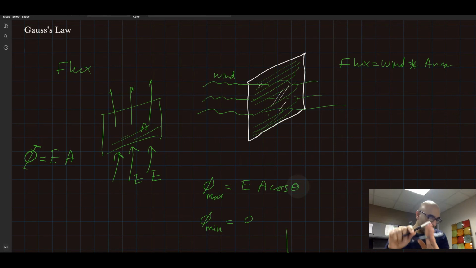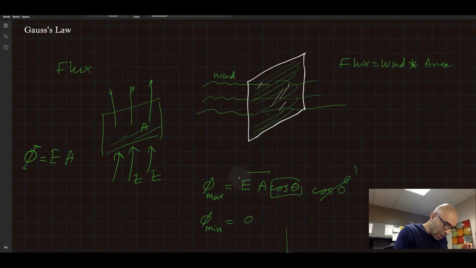So if theta was 0, then cosine 0 is what? 1. And that will retain this value, which is the maximum.